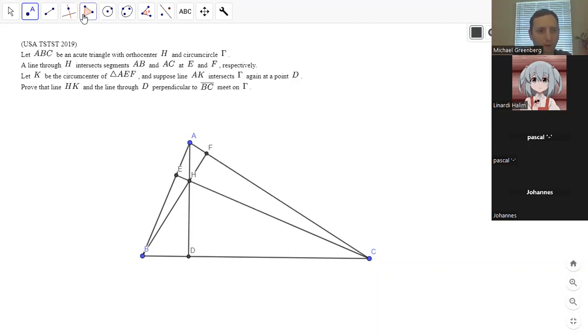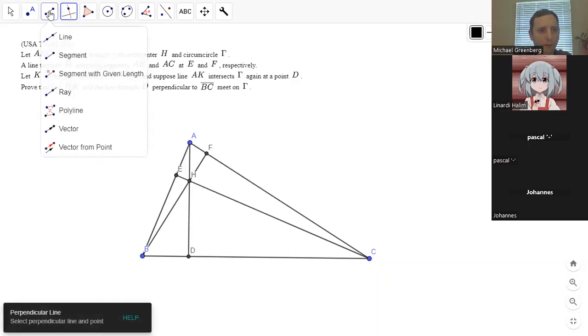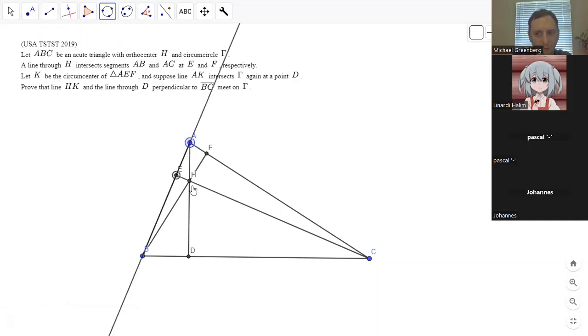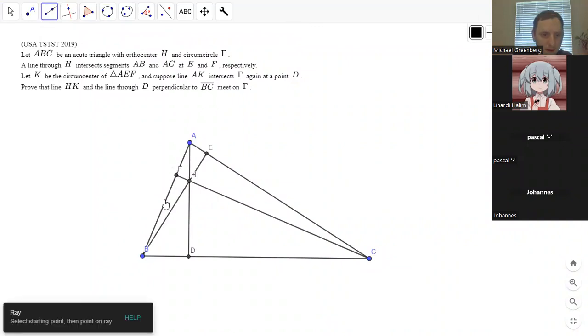K is the circumcenter of AEF, so it's basically the midpoint of AH. I think E and F are different. I think it says a line through H intersects, so I think it's a random line. You're right. So it is a random line.